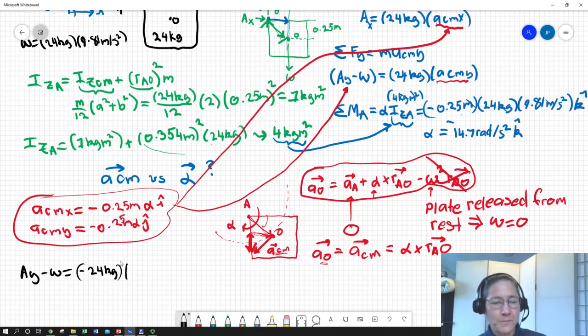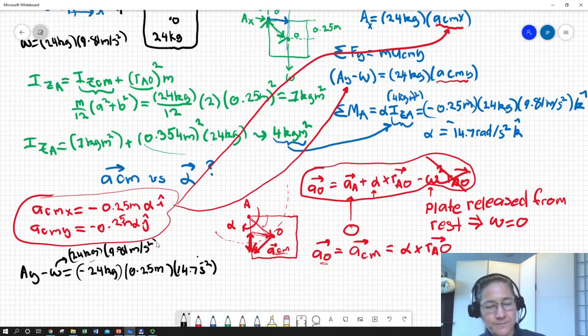Those are both equal: 0.25 meters times alpha, which is 14.7 seconds to the minus 2. And this is all net downward, weight's going in the other direction. And that was 24 kilograms times g, 9.81 meters per second squared.